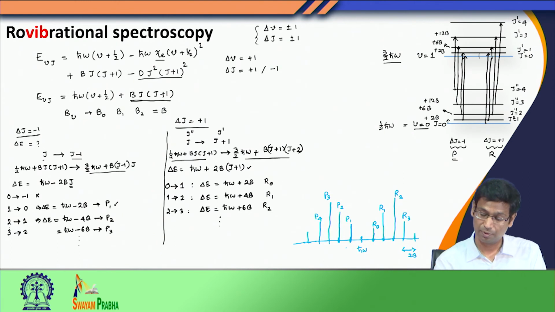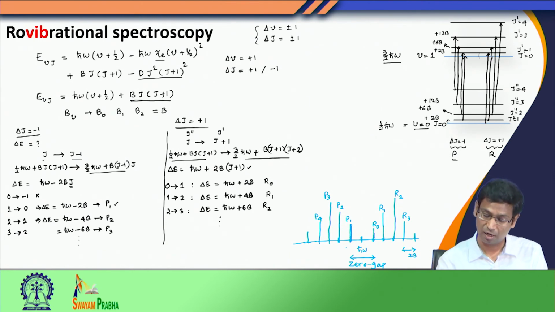So you see what we have here: the first line to the left of h bar omega is P1, the first line right of h bar omega is R0, and this energy difference between P1 and R0 is called the zero gap. So in a typical rovibrational spectrum, you would see the vibration at the central region of the rovibrational spectrum, you have some gap, and that gap is called the zero gap, and we see how this zero gap is coming.